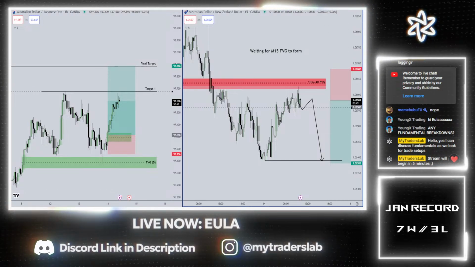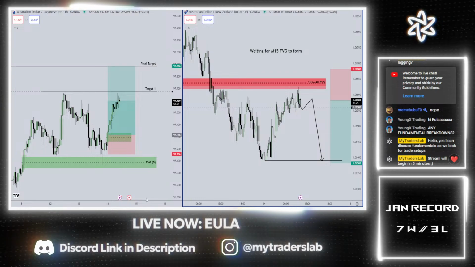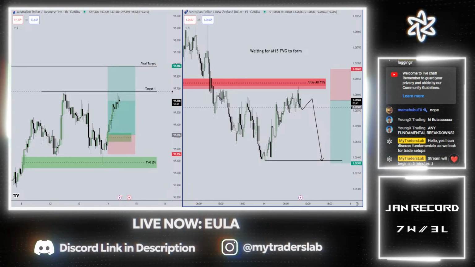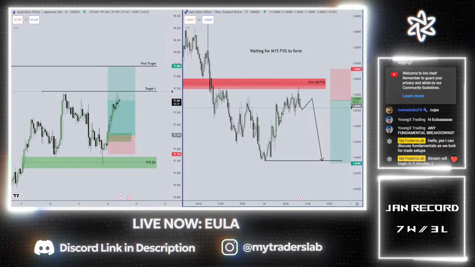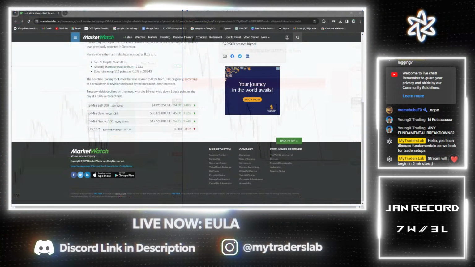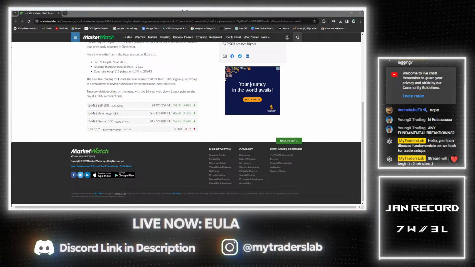Oh, I realized something. I forgot to connect my live account to this TradingView. Just give me a moment, guys. I'm gonna blur my screen. Personal details out there, I don't really want to show it. You guys can take a look at this browser real quick while I connect my Oanda account.